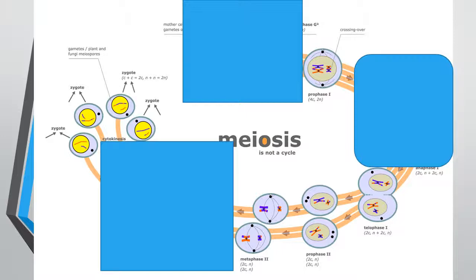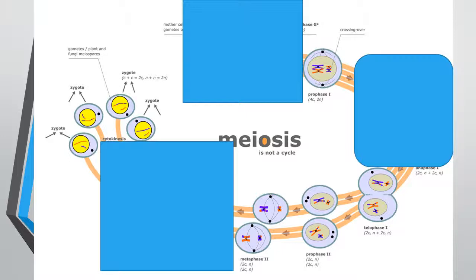This adds a little bit of diversity into the gene pool of the family, and allows for some traits to be expressed and some not to be expressed, depending on dominance. But for today, we'll just say that everything has an equal chance of being expressed.